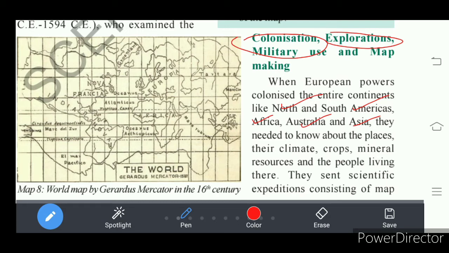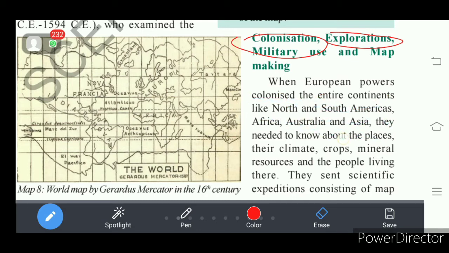See, here European powers wanted to occupy the rest of the world, which they explored by going on oceans. They wanted to know how the climate is in those places.